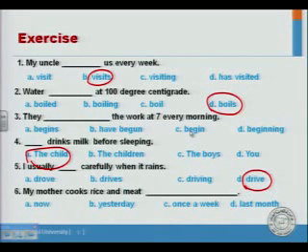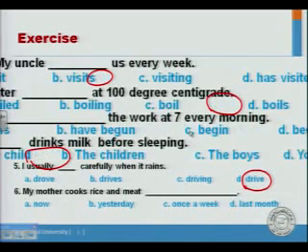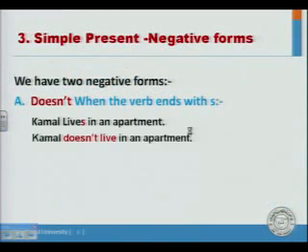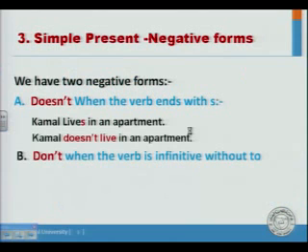Let's move again to the same exercise. It's repeated, I don't know. Let's move to the third part, which is the negative form of the simple present verb. How to write the verb in negative form when you are asked to write it in negative.